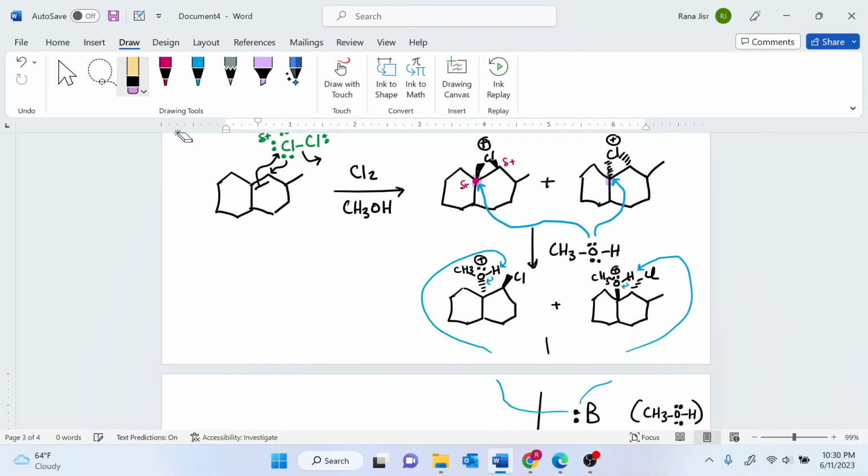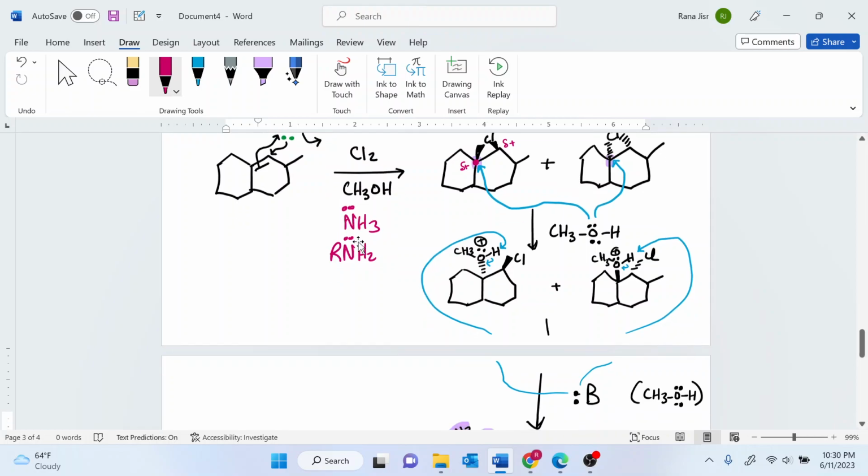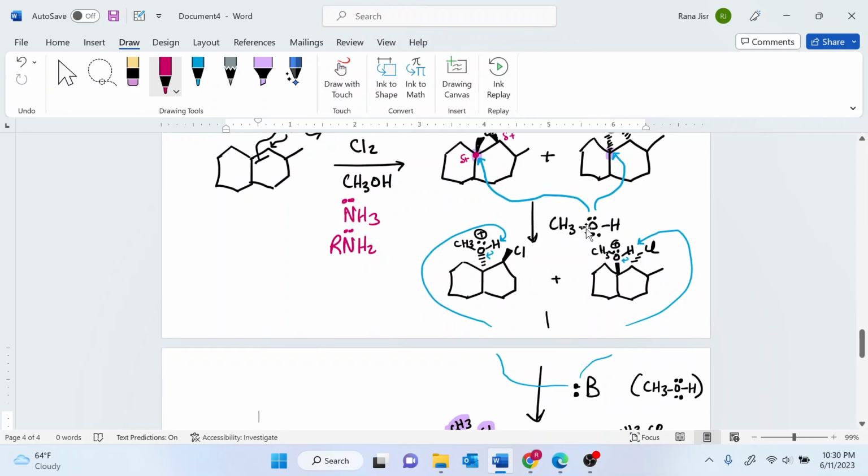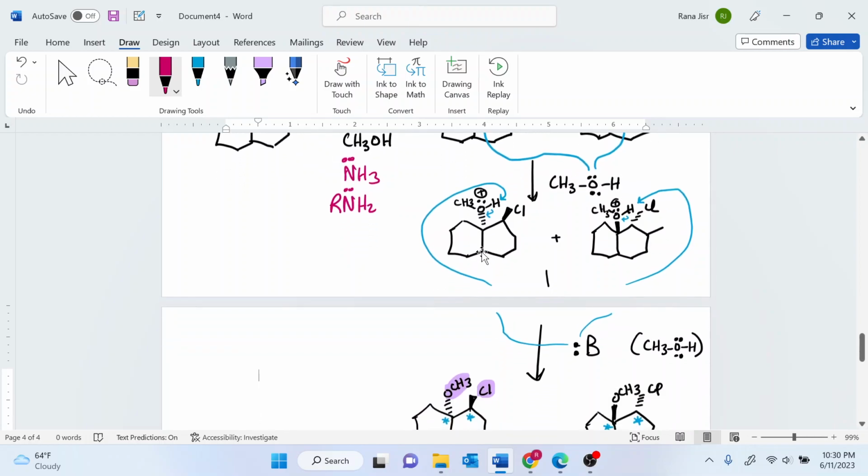So let's say, for example, I change now my nucleophile and make it ammonia, NH3, or any of the derivatives of ammonia, like RNH2, for example. Then in this case, if I am adding the NH3, the NH3 is going to add in place of the OCH3 of the methanol. So I'm going to end up having NH3 in there.